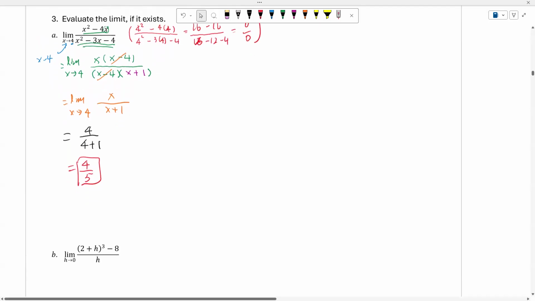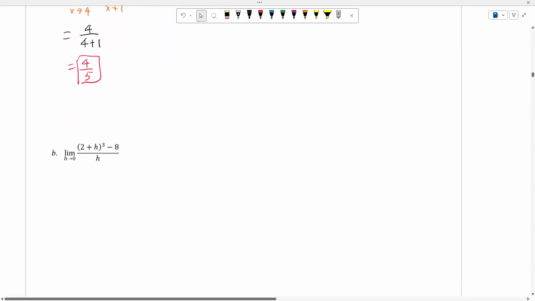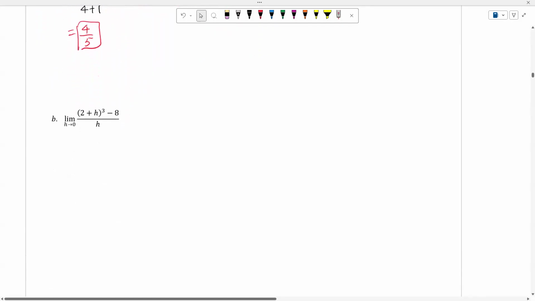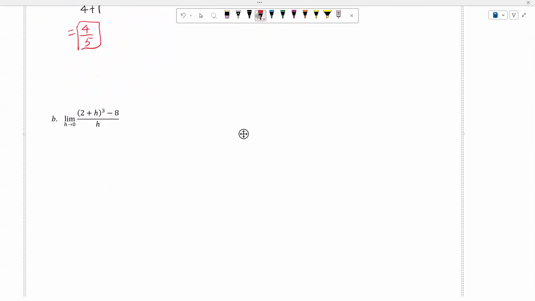The second way to do this problem is to expand it out and then simplify. Again, when we work with direct substitution, I have ((2 plus 0) to the power 3 minus 8) divided by 0. Of course, I find that it is 0 over 0, an indeterminate form. Now I would like to expand it out.